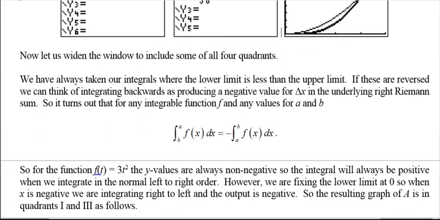Now, so far we've always done our integrals where we've gone from left to right, excuse me. So we've done where a, the lower limit, was less than b. But if you reverse that, what happens? Well, remember that delta x is b minus a over n.